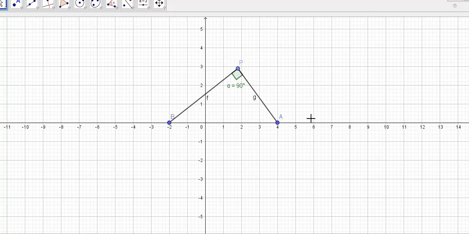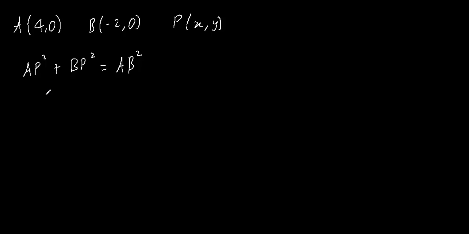So you know a right angle triangle here, right? So then let's start plugging in a few values now. AP is, now we just employ the distance formula again. So then we have the square root of (x minus 4) squared plus y squared, y minus 0 is still y.